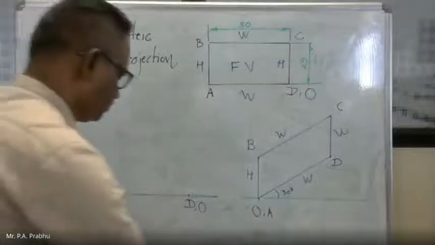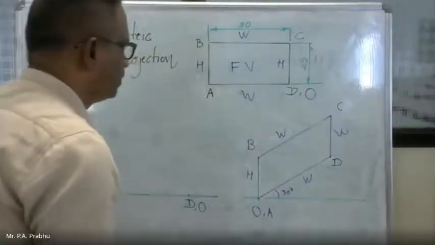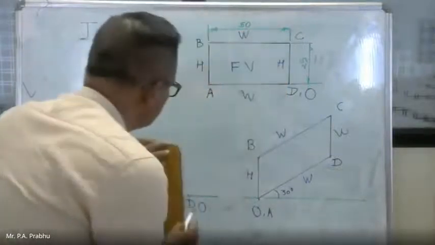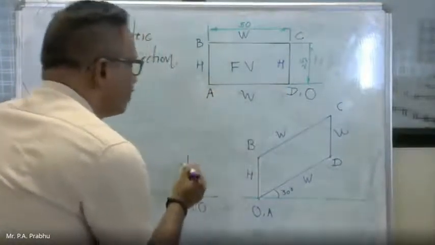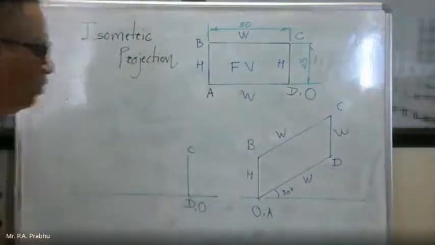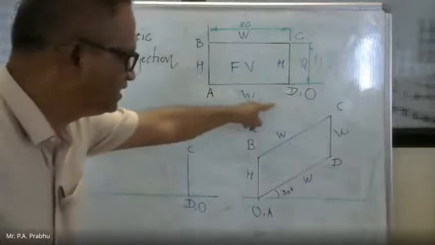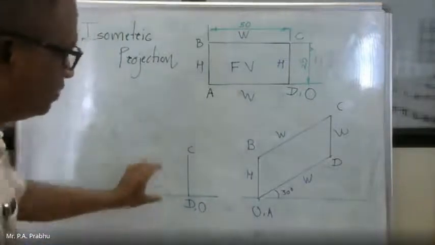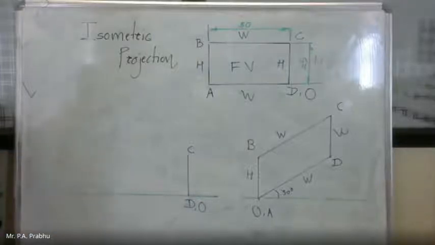See. So this is 25 mm. So mark this 25 mm here. So this point is CD. As O is here, width is on our left side. We have to mark this width on your left side inclined at 30 degrees.